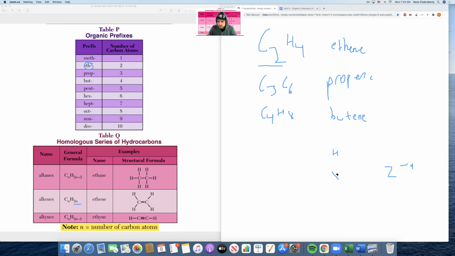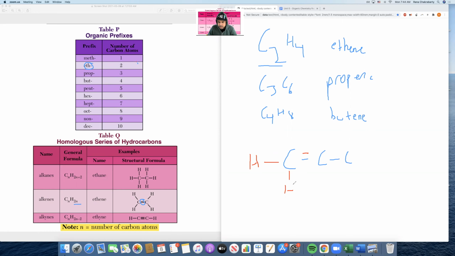So propene, draw the carbons first as always. And these are unsaturated because they have a double bond. So propene, 1, 2, 3. And the double bond in this case can go anywhere. So I'm going to start on the first carbon. This one has 1, 2, 3, needs one more.